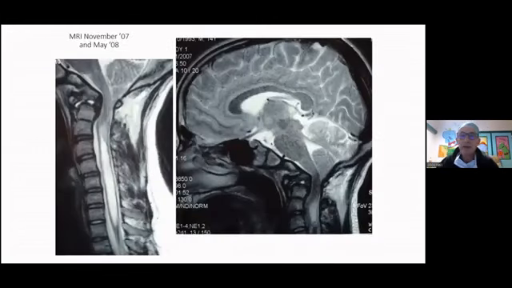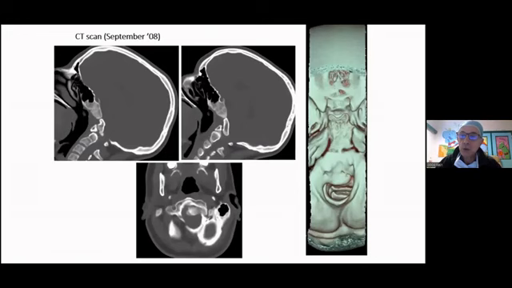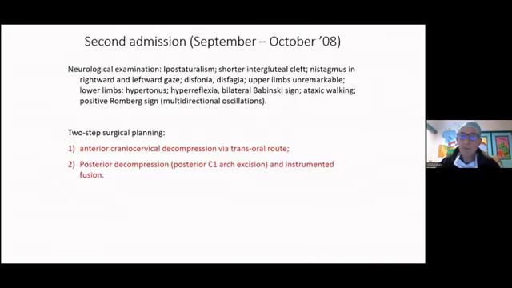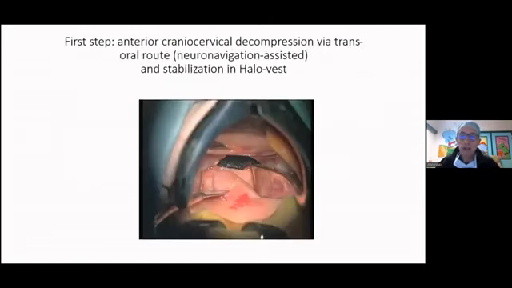Since the clinical picture was growing and worsening with time, we decided to operate on the patient by anterior approach, and then also to decompress by posterior, a one-stage combined second approach and instrumentation.